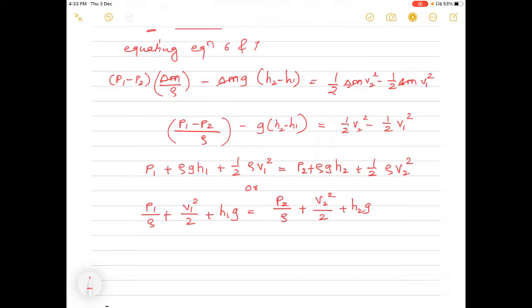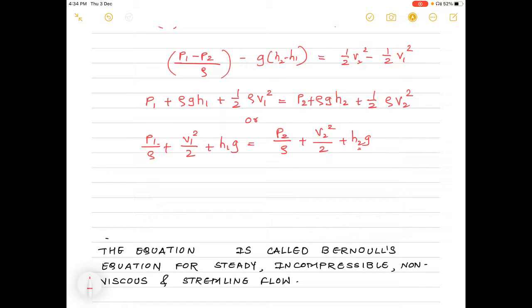Since the subscripts 1 and 2 refer to any two locations along the tube of flow or a pipeline, we can drop those subscripts and write this equation as P plus half rho V square plus rho Hg is equal to constant.